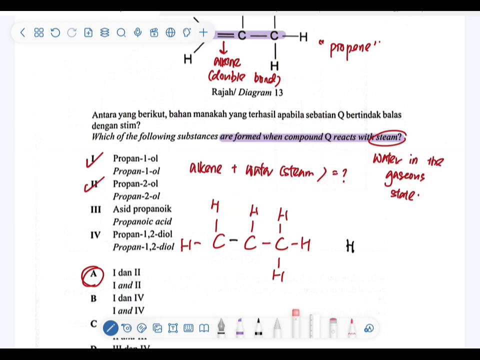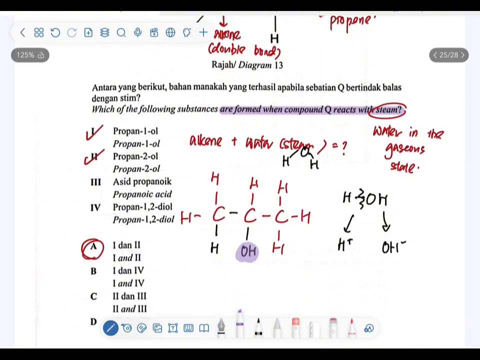For water, the structural formula is like this, 2 H and 1 O. When it dissociates, it will form 1 positively charged hydrogen ion and 1 negatively charged hydroxide ion. So it will add like this. How to name this? Since our hydroxide group is at carbon number 2, 1, 2, and 3, it will form propan-2-ol.